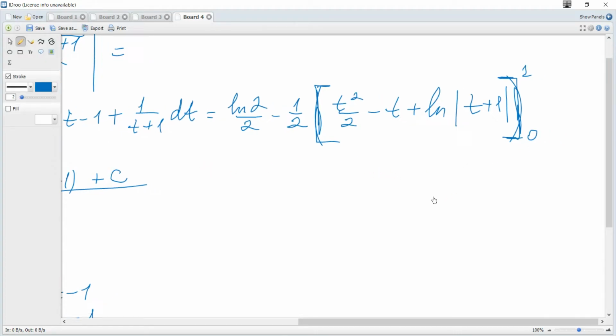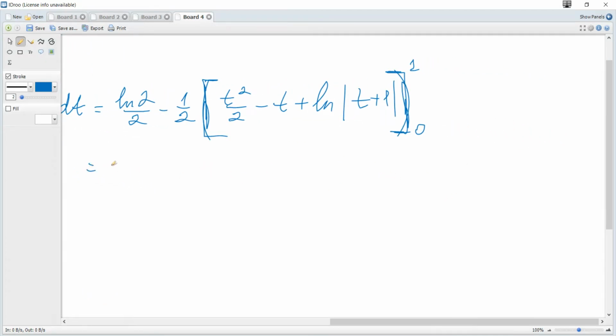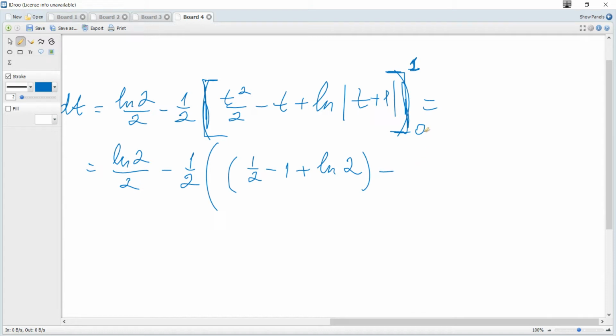And hence it becomes ln 2 over 2 minus a half, substituting 1, we get a half minus 1 plus ln of 2, and minus the lower limit, substituting the lower limit, we get 0, 0, ln of 1, which is 0.